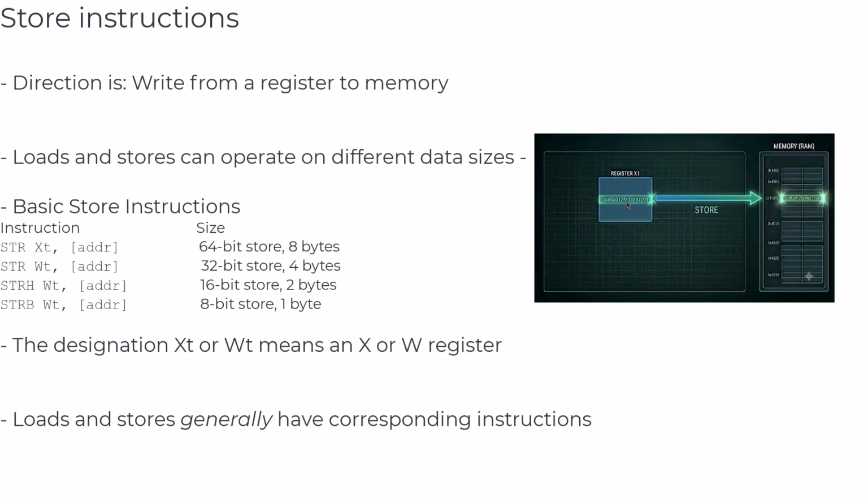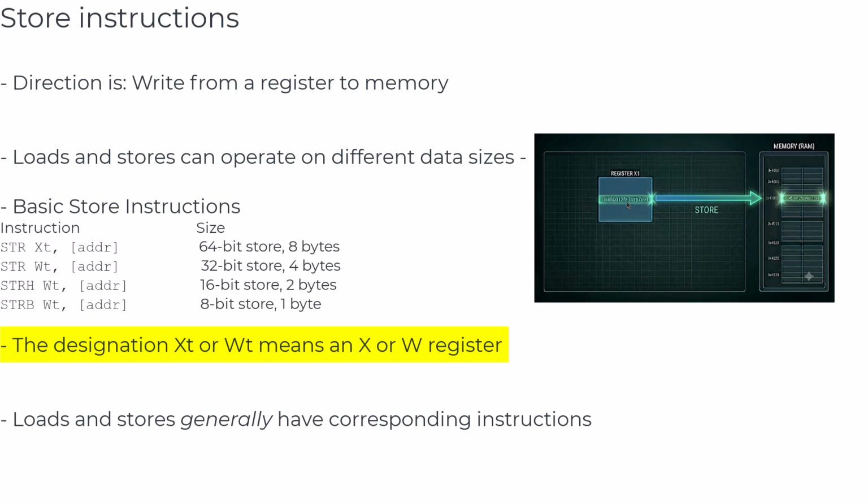With store instructions, the direction is opposite. So we're storing from a register into the memory. Now, when we do loads and stores, we can specify different data sizes. So we'll look at some basic store instructions here. So first of all, we can store data from a register, and the XT there just means any X register.